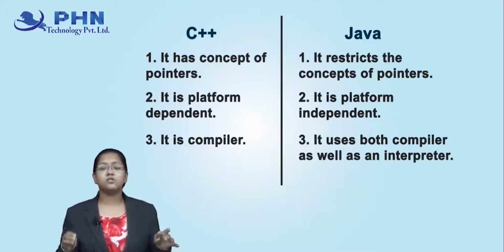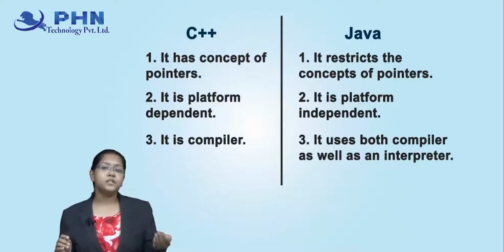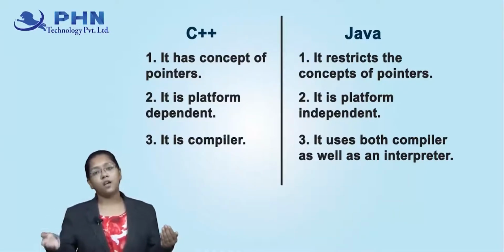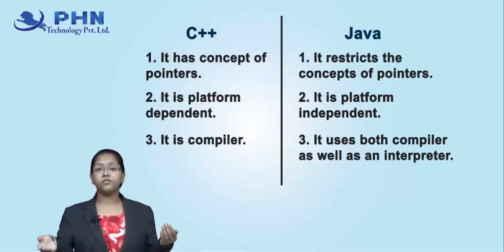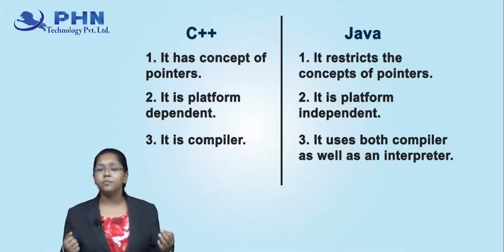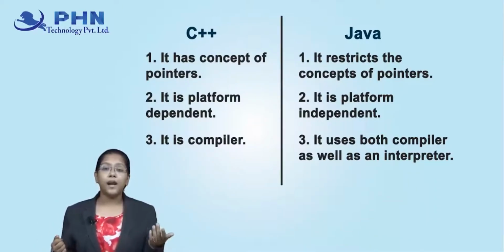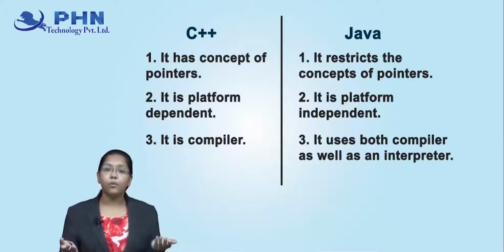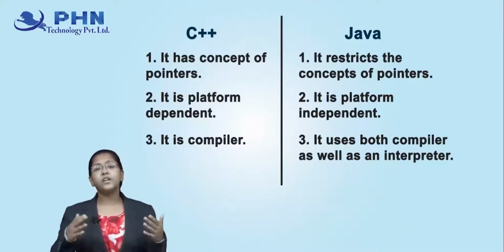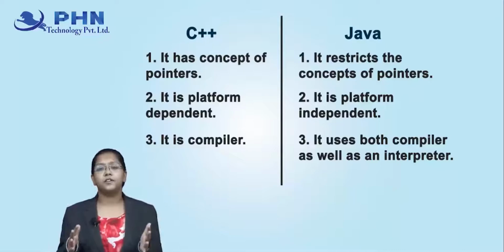All the differences and all the features are interrelated. Because it doesn't have pointers, it has strong memory and is secure. Because it is platform independent, it is portable. Likewise, everything is connected, and this is how Java is different from C++, and Java is very efficient and easier than C++.